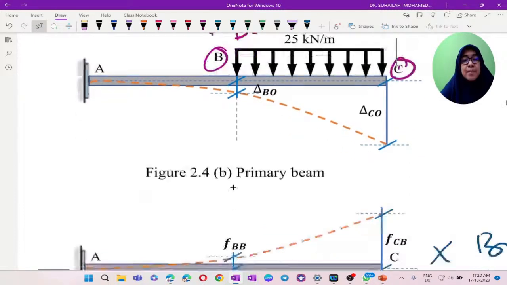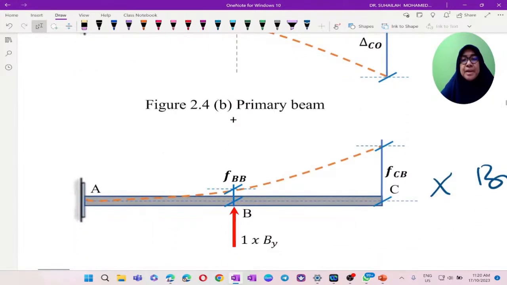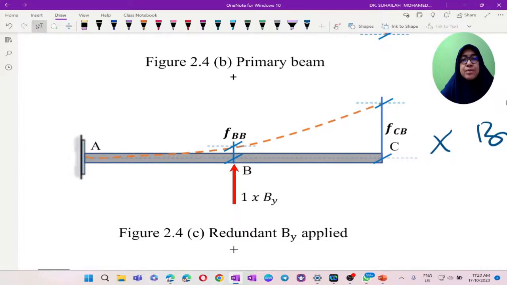Next is plus redundant BY applied. So this is redundant 1. Redundant 1 means it is a cantilever beam subjected to a unit value of BY.